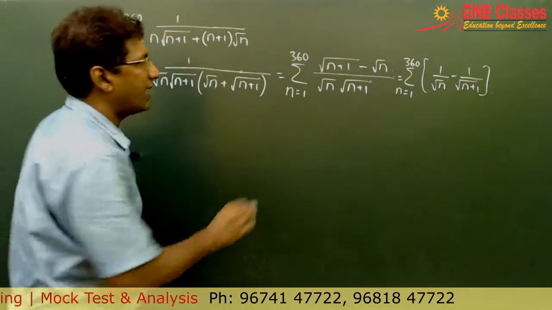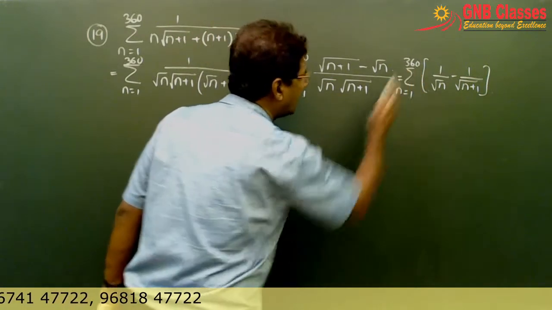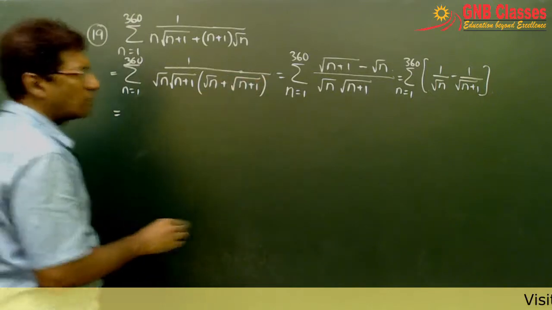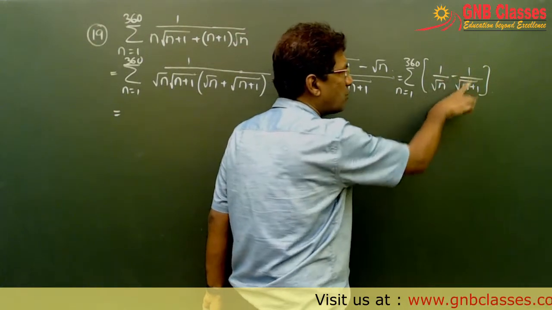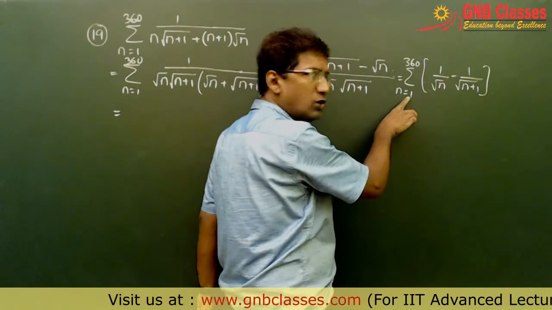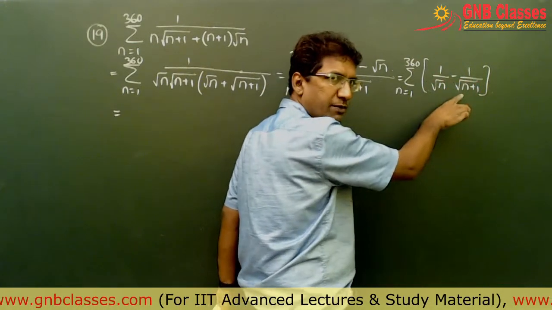Absolutely. Okay. Now, in place of n, I am putting 1, 2, 3, 4 till 360. So, what we are going to get here? You observe carefully. When we put n is 1, we are getting 1 minus 1 by root 2. Now, when we put n equals to 2, we are going to get 1 by root 2 minus 1 by root 3. Is it clear?